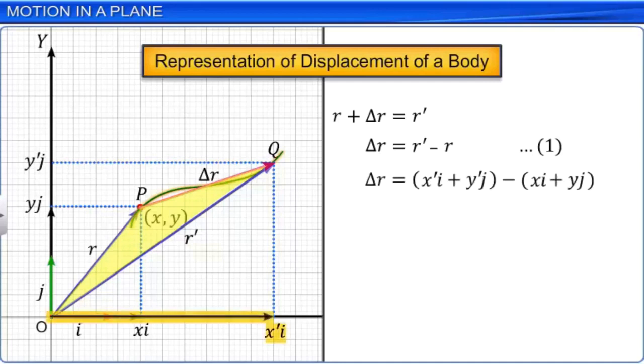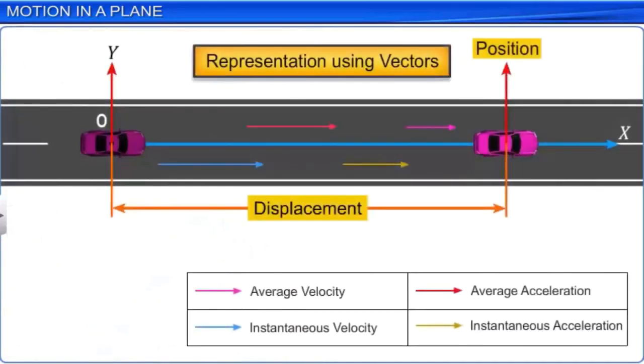Now we can write the r dash and the r component vectors over here, which is xi plus yj for r dash, and for r it is going to be xi plus yj, right? When we come to the next step, we are just segregating the x components and the y components, which is going to represent exactly the displacement vector.